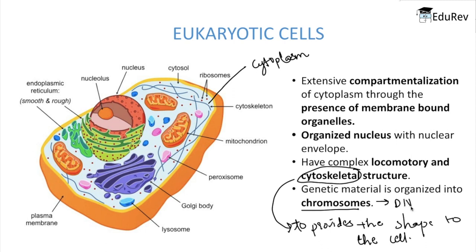The double helical structure that composes the DNA is present in coiled form inside the chromosomes. You might have seen the chromosome structure like this. The double-stranded DNA is present inside these arms of chromosomes, and it is arranged in this kind of form inside the nucleus in eukaryotic cells.